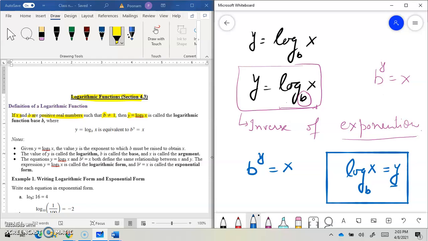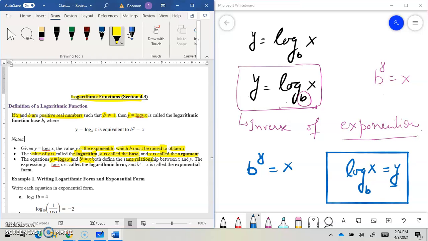Given y is equal to log of x with base b, the value y is called the exponent to which b must be raised to obtain x. The value y is called the logarithm, b is called the base, and x is called the argument. The equations y equals log of x with base b and b raised to y equals x are basically the same equation.